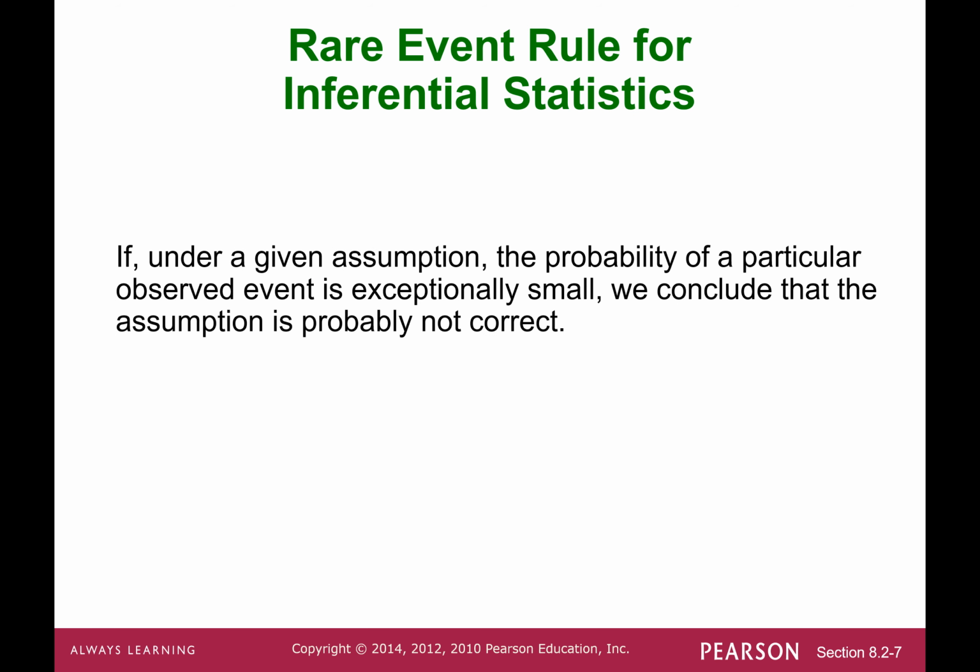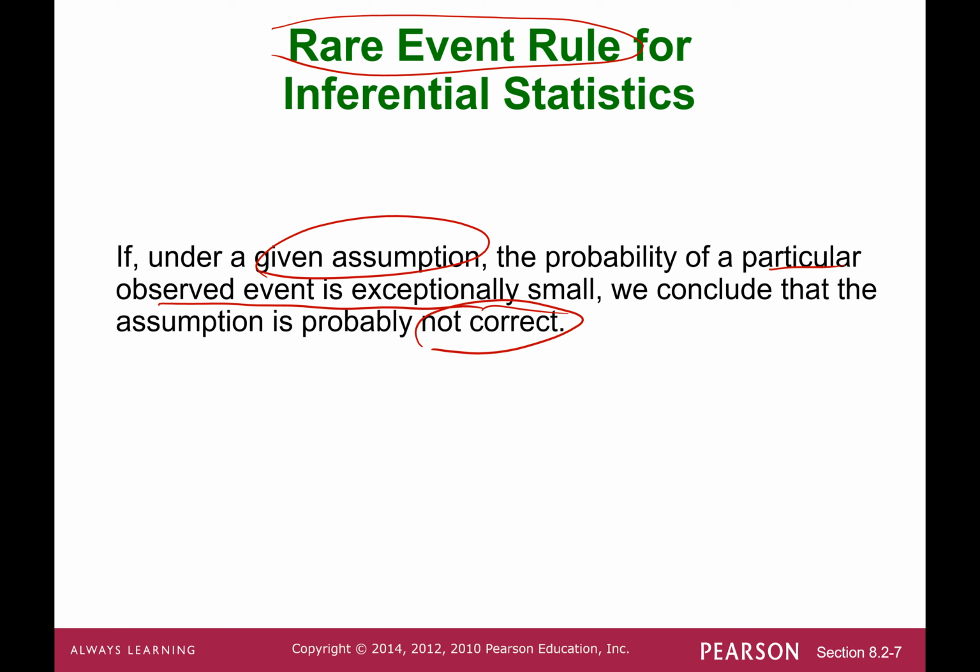So this is the rare event rule. We talked about it in chapter 4 on probability for inferential statistics. If under a given assumption, the probability of a particular observed event is extremely small, then we conclude that the assumption is probably not correct.